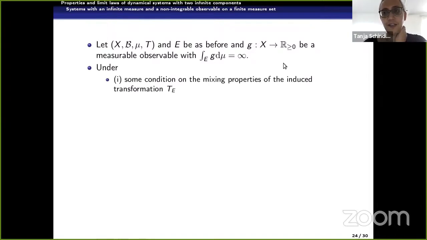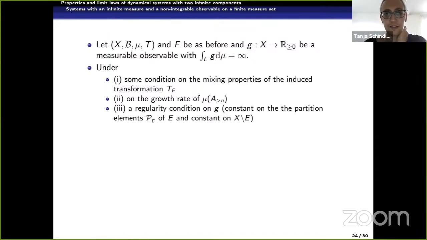And then we again have some conditions which I don't state precisely: some mixing properties on the induced transformation T_E, some properties on the growth rate of the superlevel sets, and some regularity conditions on G. Basically, G has to be constant on the partitions generated by the induced transformation, and it has to be constant outside of E.